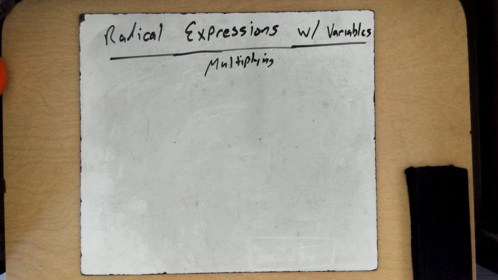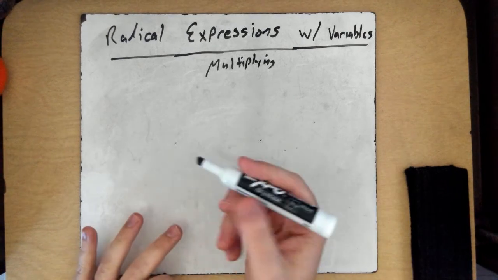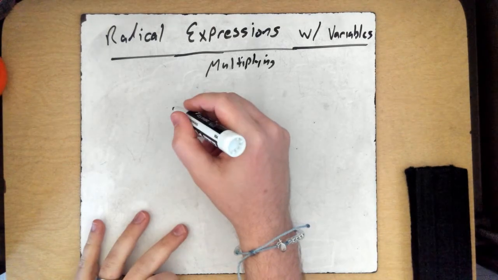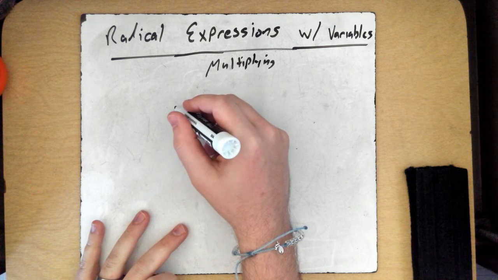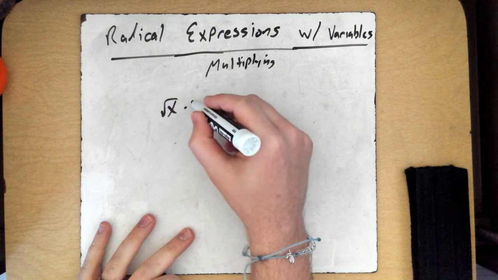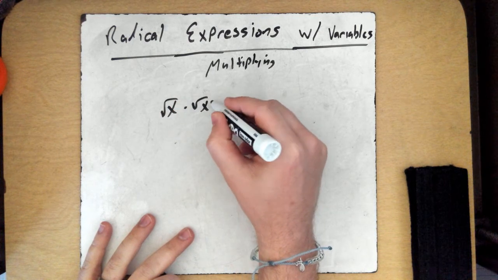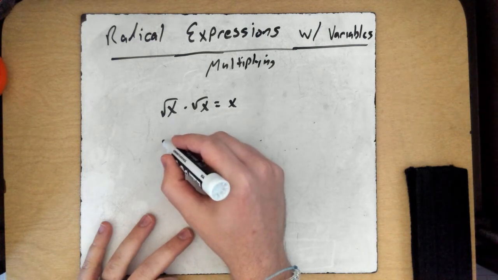Okay. So the very first thing we should remember, and it's a very important concept, is that if you have the same number or letter underneath radicals and you multiply by itself, it basically cancels out the radical. So once again, for example, if you have the square root of x times the square root of x, it just equals x. Same thing if you have a number.